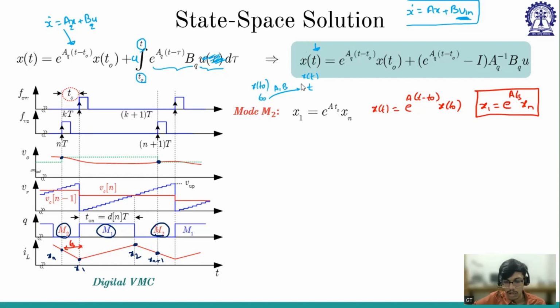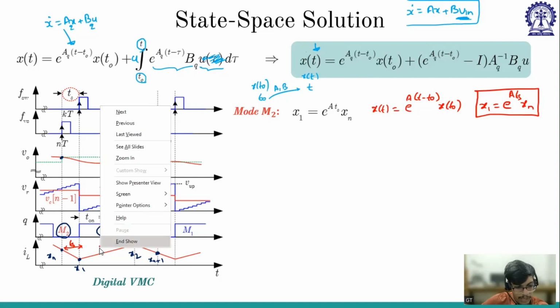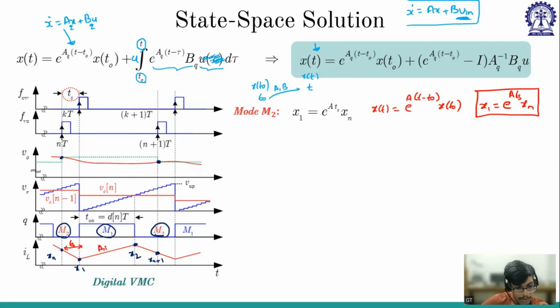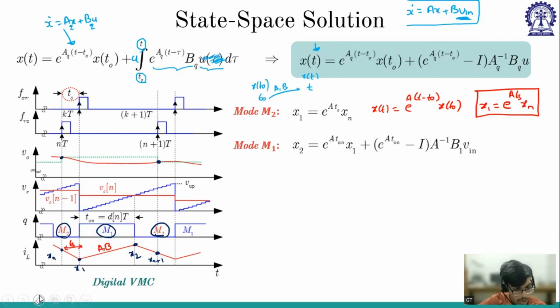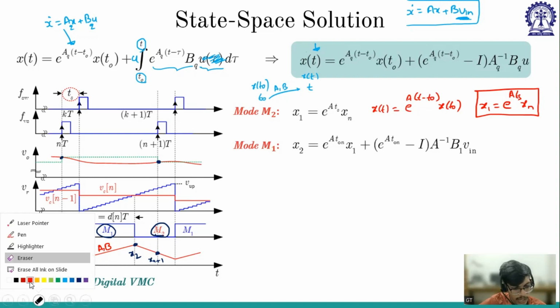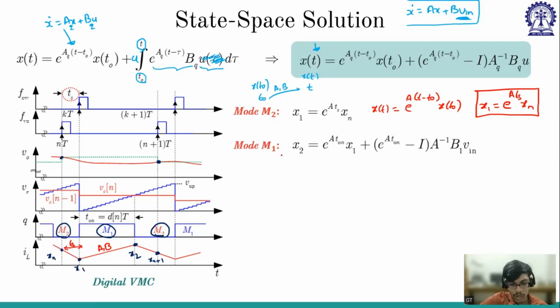Okay, so that's how I'm getting x1 in terms of xn. Now this is x2. I want x2 in terms of x1. Now what are the matrices A comma B? I have to substitute again here. Now what is my x of t? x of t is x2, and my x of t naught is x1.